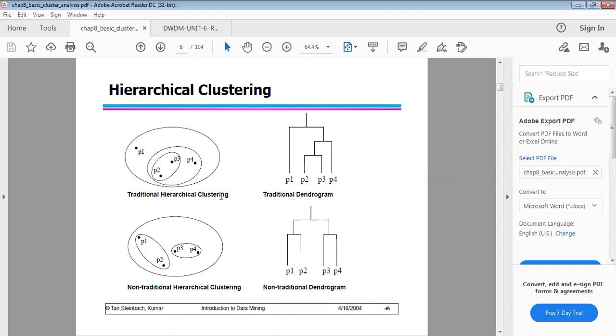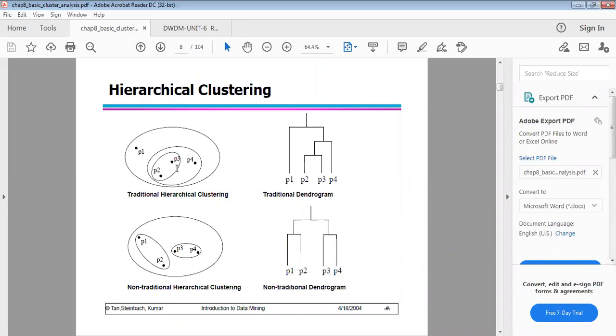In traditional hierarchical clustering, you represent the P1 cluster. In that P1, you have P4. Again, in P4 we have one data point, and P2, P3 form another cluster. Generally, this is the traditional hierarchical clustering.